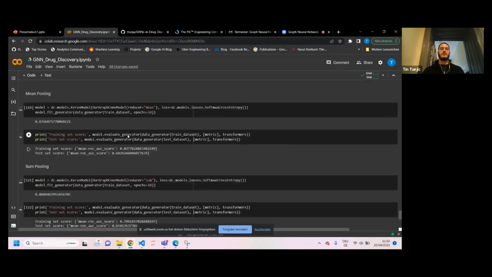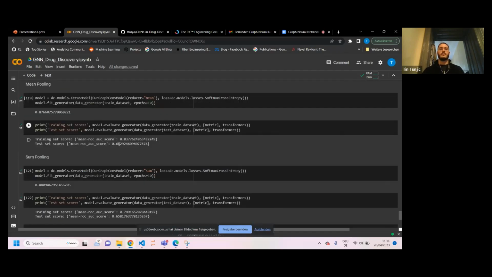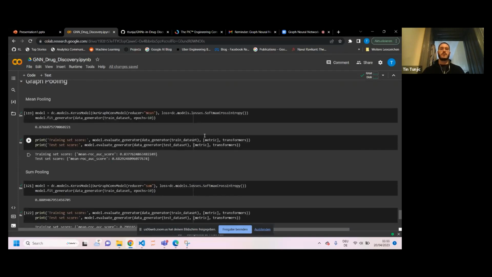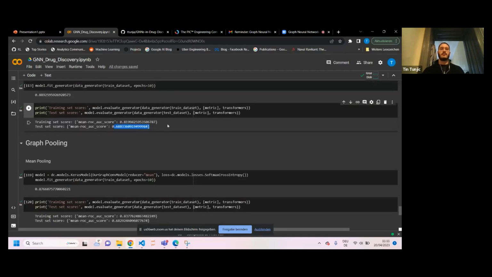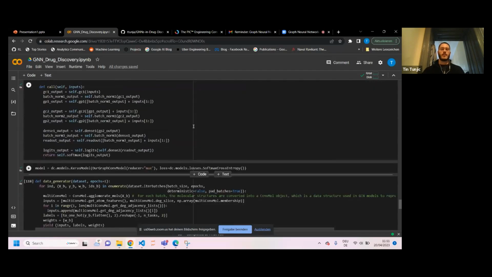You can see that for the sum, the test set score was the worst, so the mean ROC score was just a little less than 66%, and for the mean graph pooling, we had the ROC-AUC score of 68.3, which is slightly better than the max graph pooling.